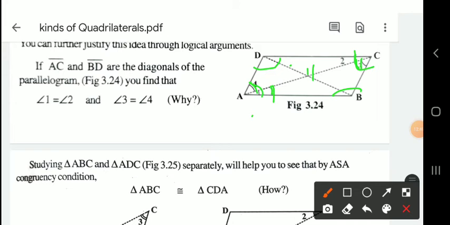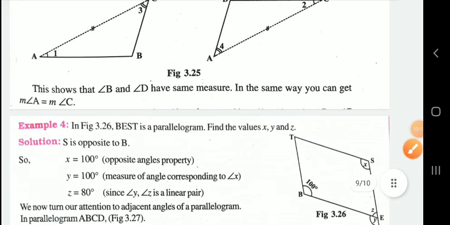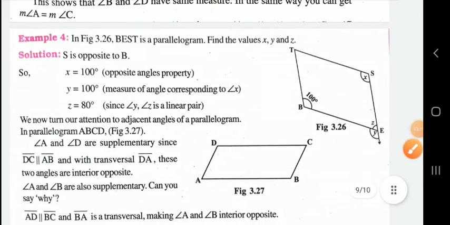So angle A and angle C are also the same for these two triangles. So from this we get opposite angles of a parallelogram are the same. So opposite sides of a parallelogram are the same and opposite angles of a parallelogram are also the same. Okay students, did you understand these two properties? Now consider one example here.